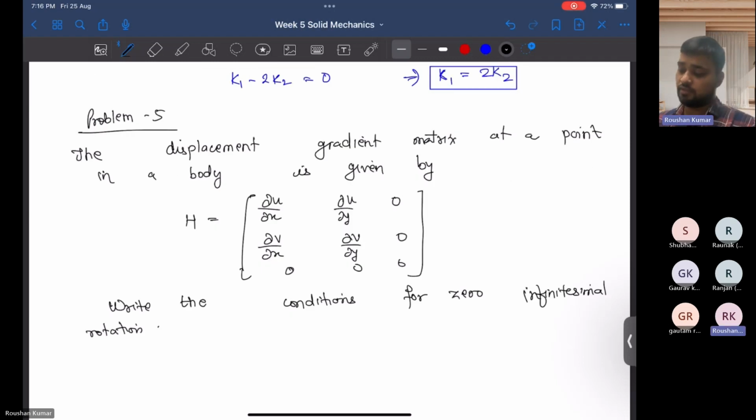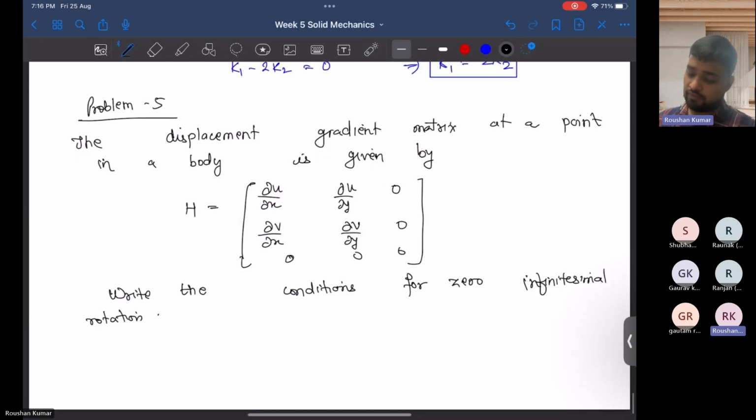I repeat the question here. The displacement gradient matrix at a point in a body is given by this relation. The matrix is given here, the displacement gradient matrix. Here you can see the third row and third column have 0 components. So the question is, write the condition for zero infinitesimal rotation.